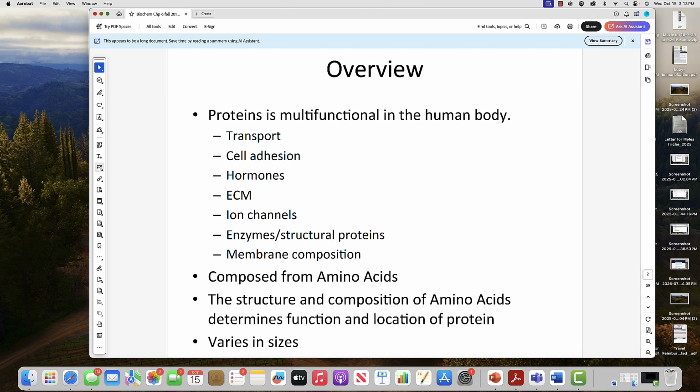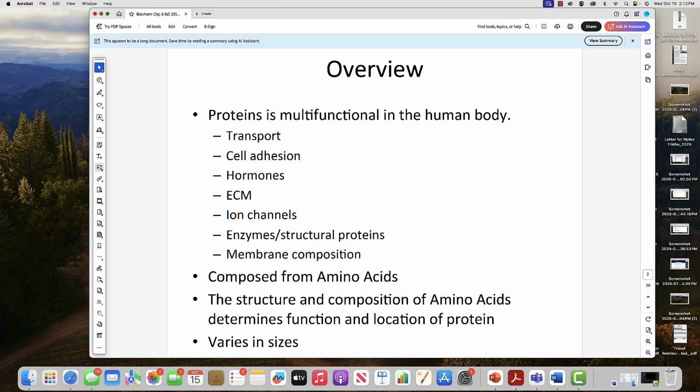So just an overview, proteins are incredibly versatile molecules in the body. They transport molecules, they allow cells to adhere to one another, they act as hormones and enzymes, they are structural elements, and they also compose the membrane. Every one of these roles depends on the unique arrangement of amino acids within each protein.